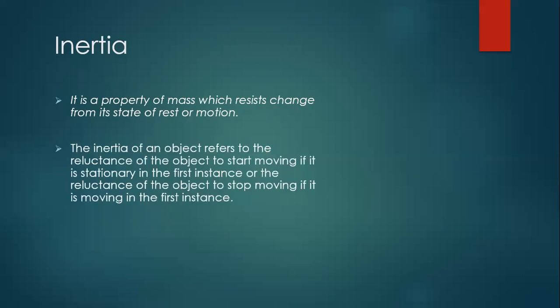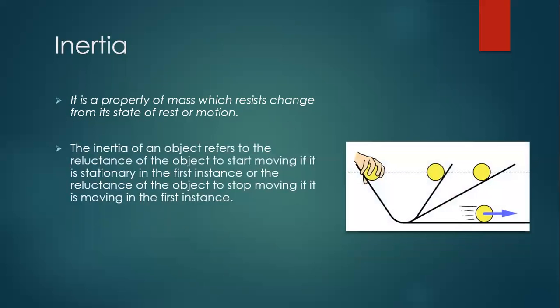Now we take an example. Let's suppose we throw a ball from the horizon, from an inclined plane. The ball will move with a greater velocity. But if we bend that path, you can see that the ball will follow the bent path and the velocity will decrease. Why will the velocity decrease? Because of the inertia of that bent path. The greater the bend, the lesser the velocity.